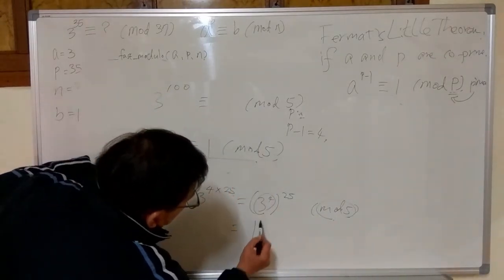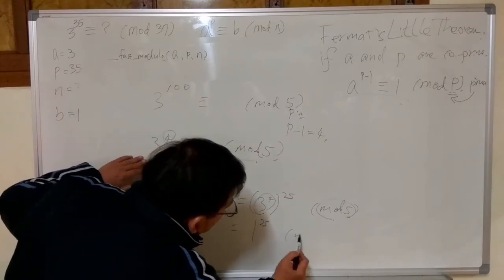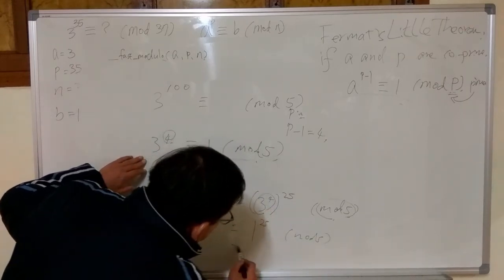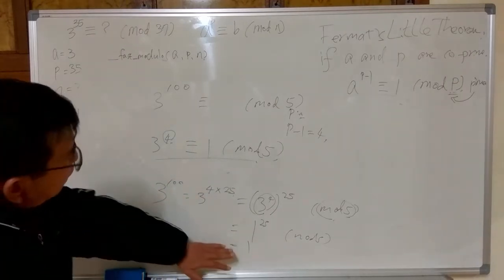It means 1 to the 25 mod 5 equals 1. We can calculate like this.